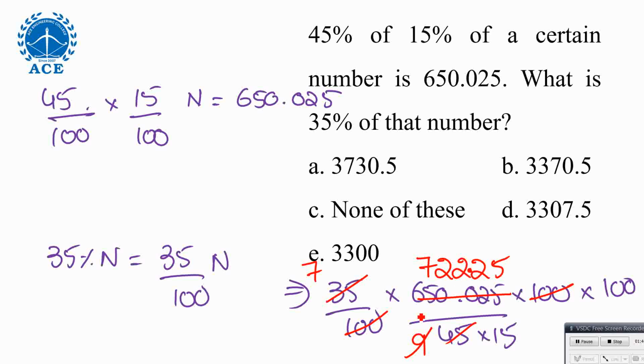So it's 722.25 when you divide by 9. No, 70, sorry, 72.25.